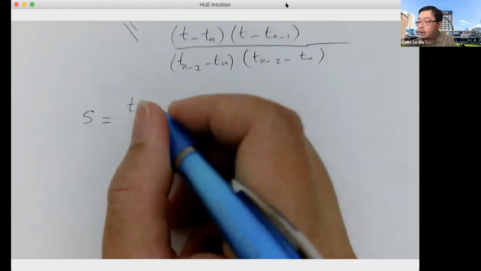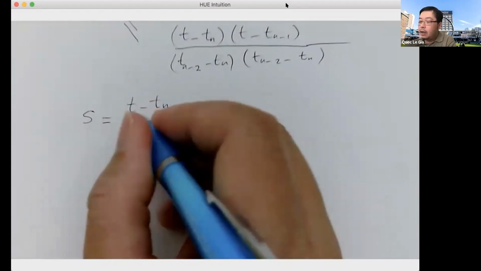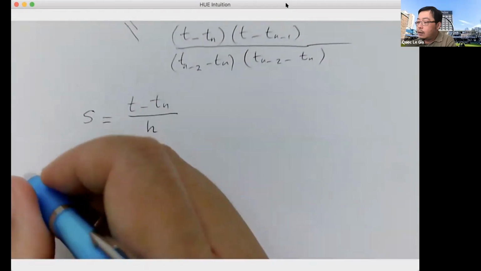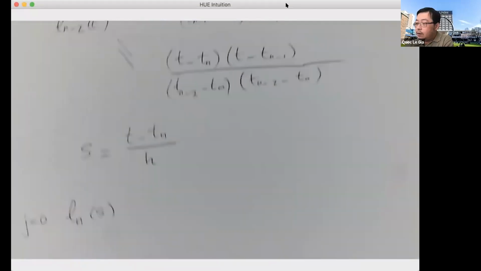Then what happened to my L_n(s)? So this one is j equals 0. Before you got j equals 0, j equals 1, j equals 2.